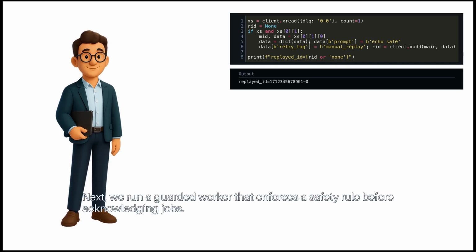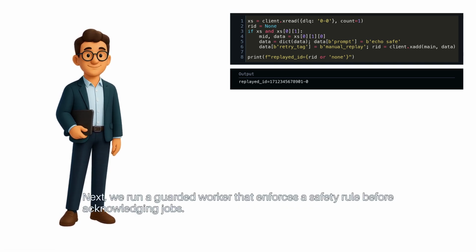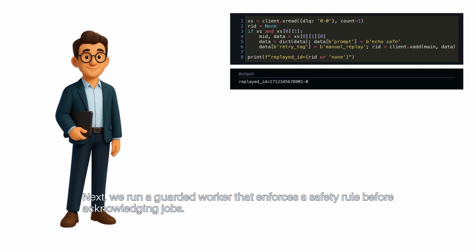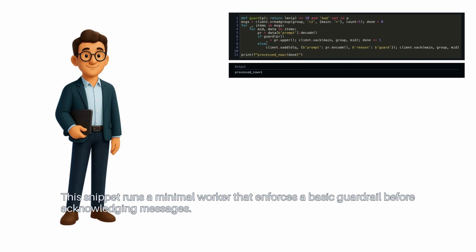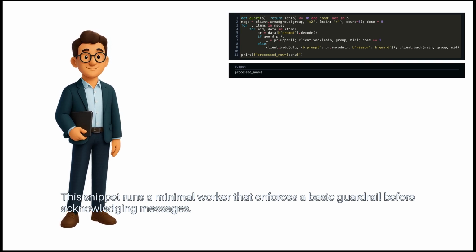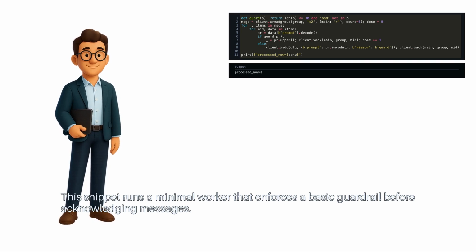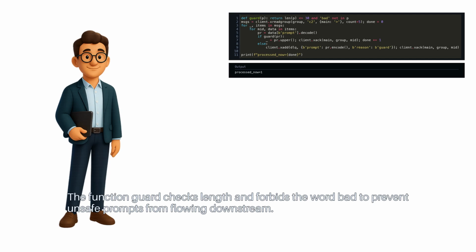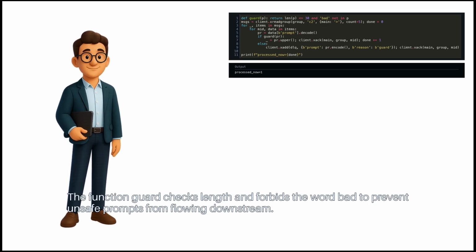Next, we run a guarded worker that enforces a safety rule before acknowledging jobs. This snippet runs a minimal worker that enforces a basic guardrail before acknowledging messages. The function guard checks length and forbids the word bad to prevent unsafe prompts from flowing downstream.